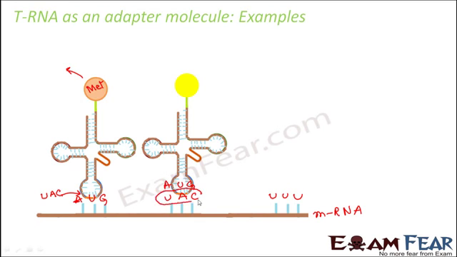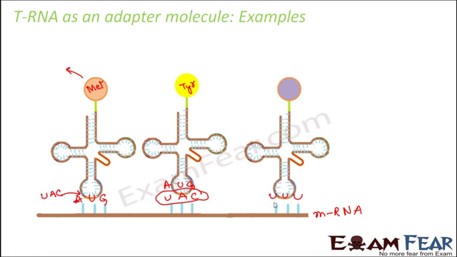And the corresponding amino acid for UAC is tyrosine. So on the amino acid acceptor end, tyrosine will be attached. Similarly, if the next one is UUU, what would be the anticodon loop sequence? It would be AAA.